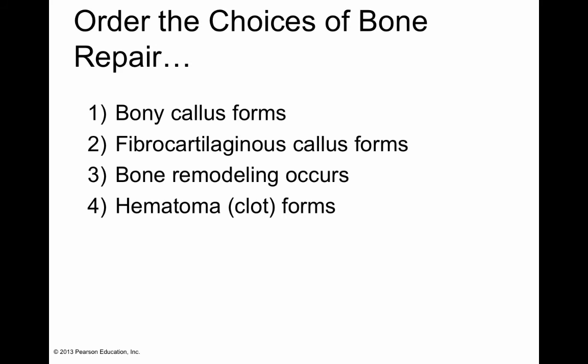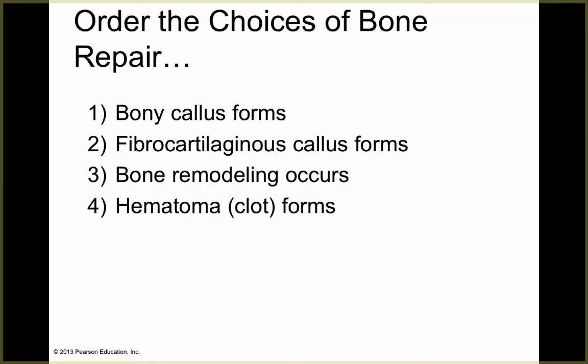Let's order our choices correctly. So on here, which one is number 1? Essentially, we have hematoma or a clot forms first, right? And then after the clot forms, we have the fibrocartilaginous callus forms.